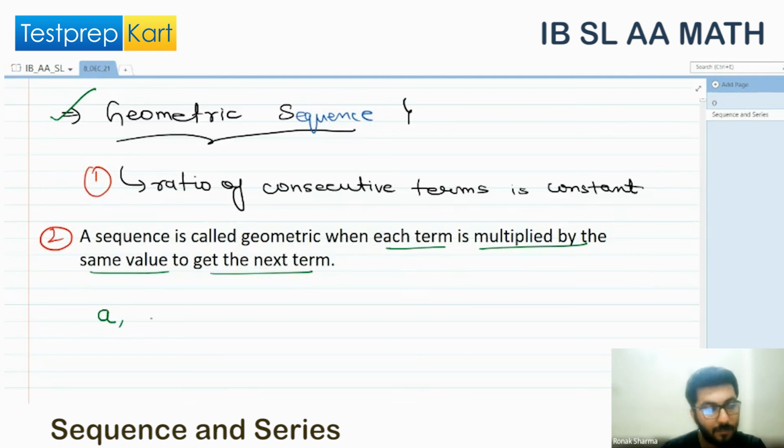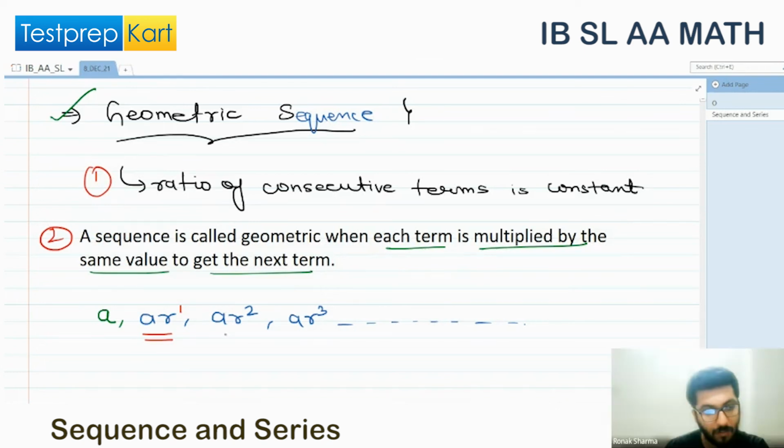Let us multiply R with A. Then the third term will be AR into R, that is AR square. Then this will be AR cube. Now, can you see that in the second term, what is the power of R? 1.